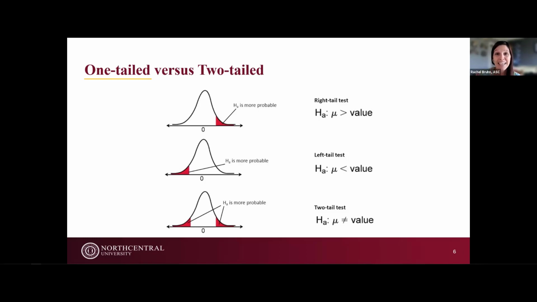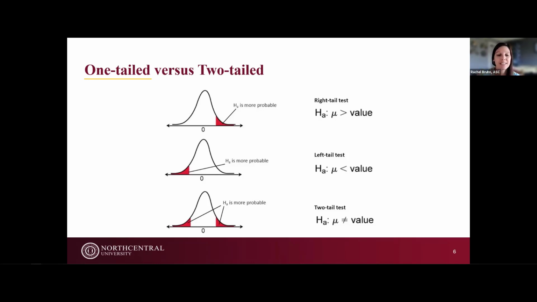If it's pointing, you're looking at the tail that it's pointing to. It's super simple. But in words, this is making a specific prediction like the sample is greater than the other sample, or the medication significantly reduces blood pressure, things like that. So I'm using directional words, greater than, less than, more, things like that, versus a two-tailed test.